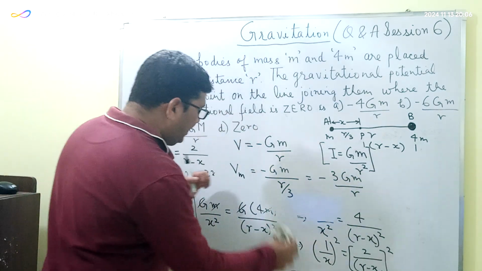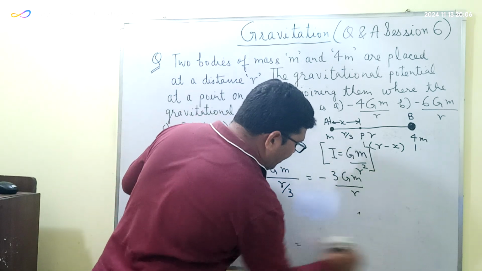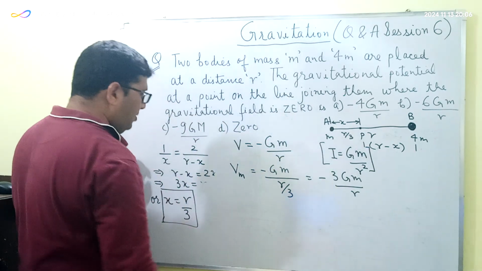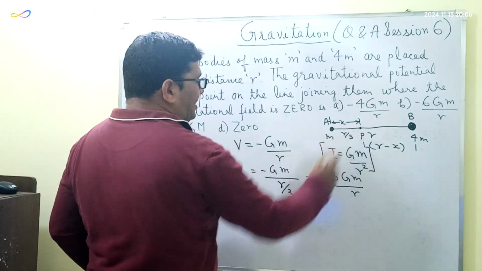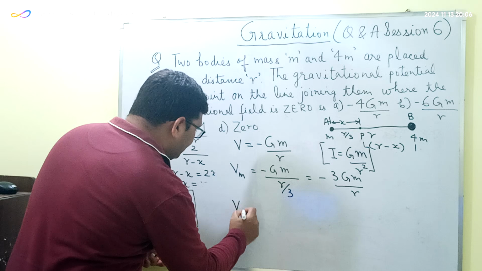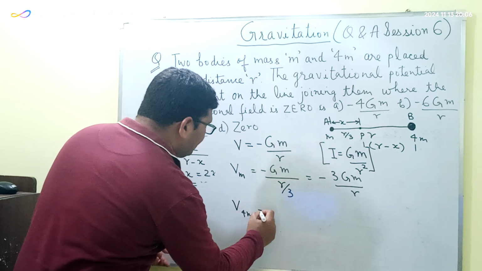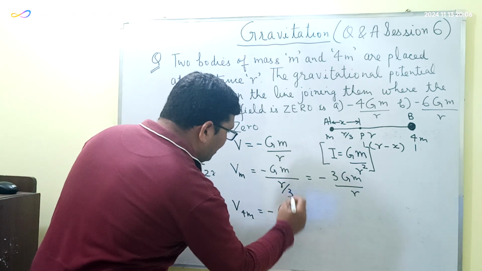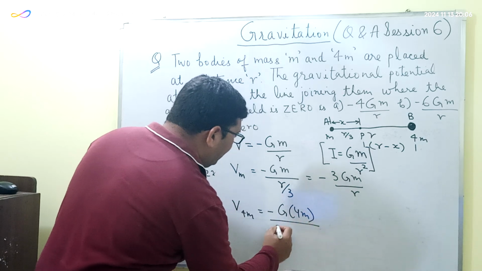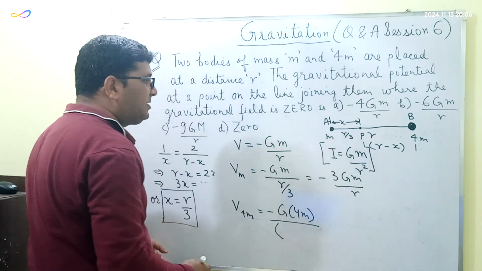Similarly, we can find the potential at the point P due to the body of mass 4m. Let us say this is V_4m, and this is equal to minus G. The mass here is 4m, and the distance here is r minus r by 3, which is equal to 2r by 3.